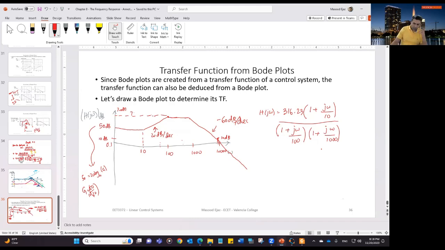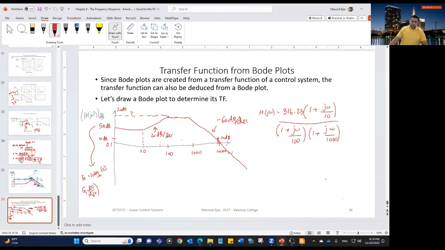If you go back and look at the transfer functions that we have, we don't put a minus sign over here. Remember why? Because the system is stable. If you put a minus sign, that means your pole is going to be on the right-hand side of the S-plane, and the system is going to become unstable. These are stable systems, so the minus sign is not the correct answer.